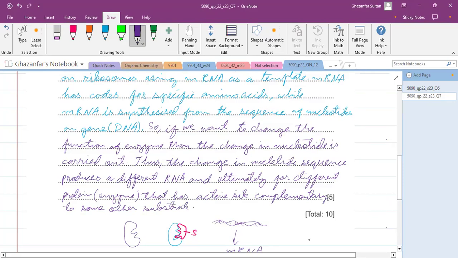So that's the complete answer for this question that will give you full marks.